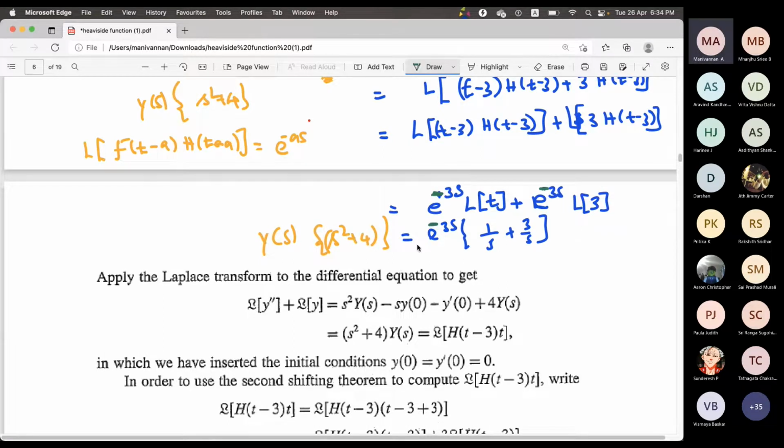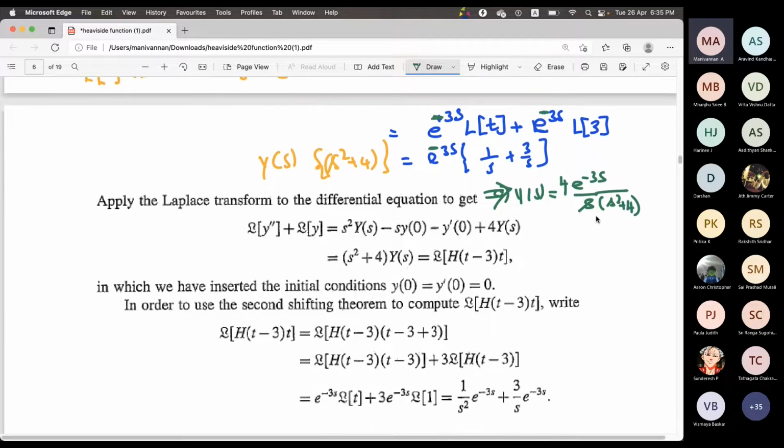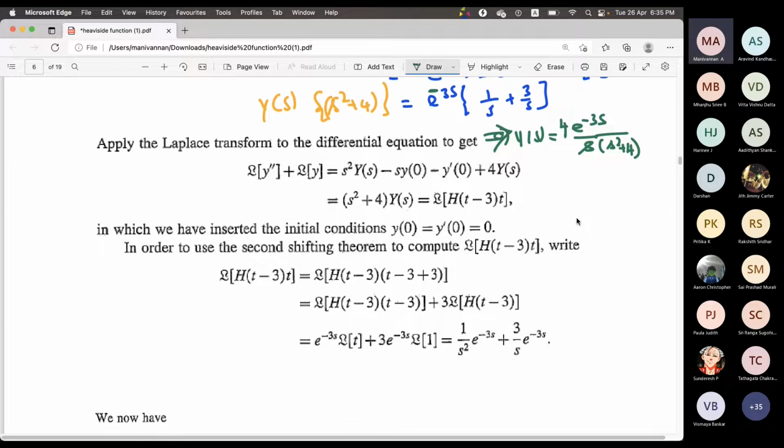The same form we have here: Y of s equals 3 plus 1, e raised to the power minus 3s by s, and this will be 4, right? Am I right? Divided by s square plus 4. Now we may apply partial fractions to solve this problem.